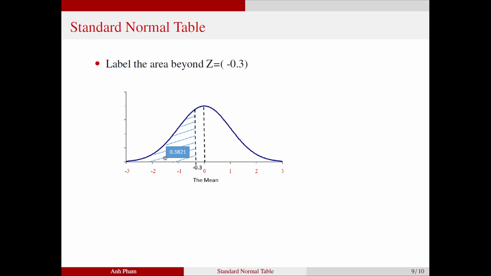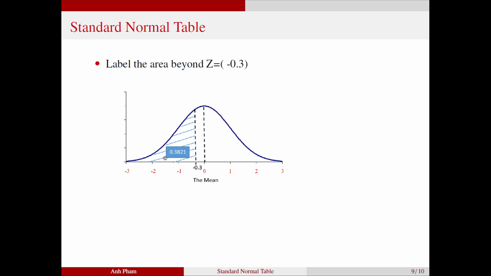And again, the table in Appendix A doesn't report any z's less than 0. So in order to know the area beyond z when z is minus 0.3, you look for the area beyond z for z equal to positive 0.3. And the reason we can do that is because the normal distribution is symmetric around the mean.